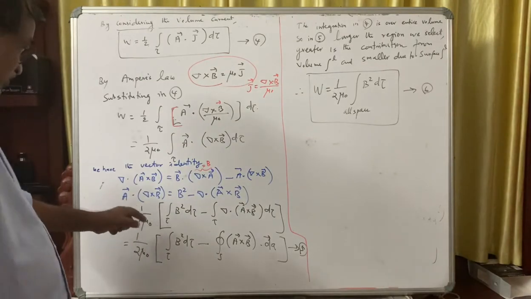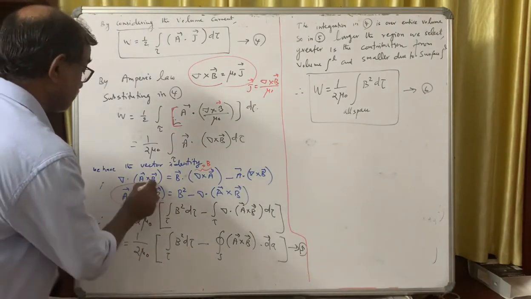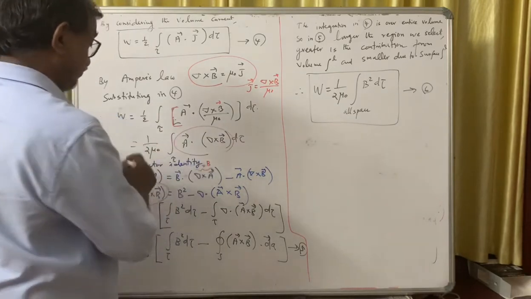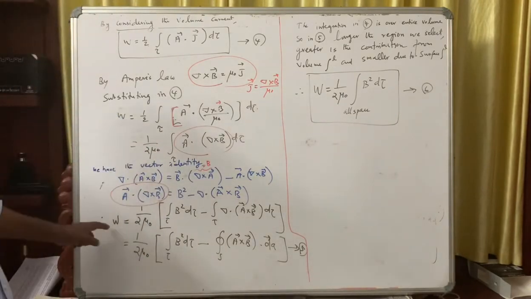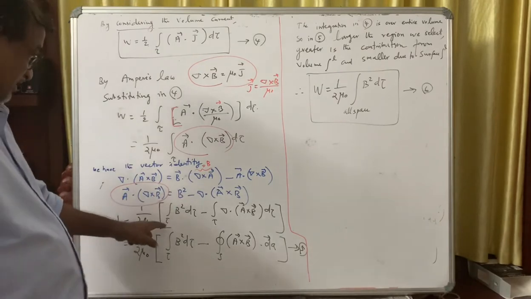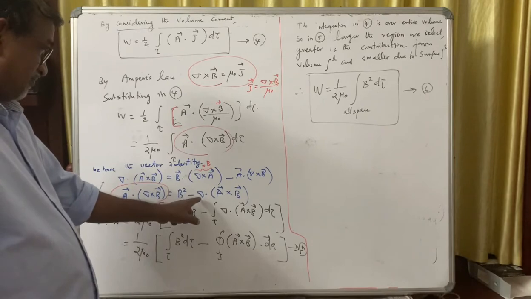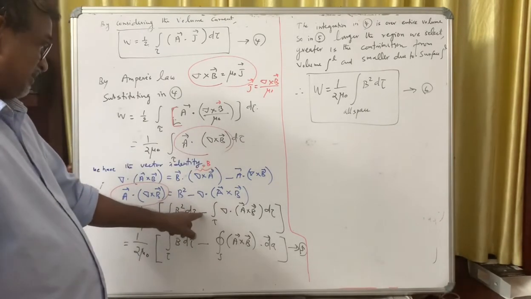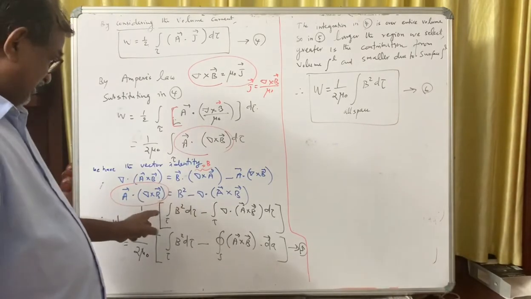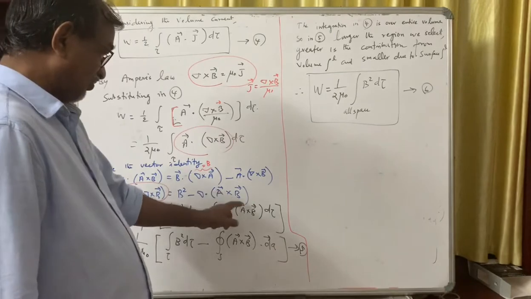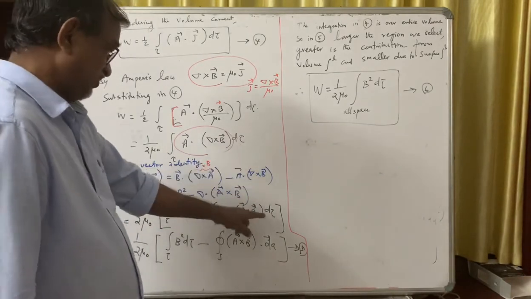Substituting for this term in this equation, what do you get? W equal to 1 by 2 mu 0 integral of B square dv minus the volume integral of del dot (A cross B) dv.